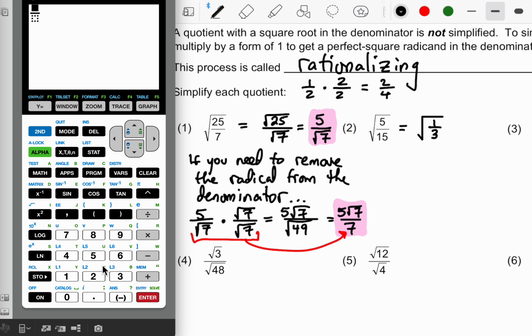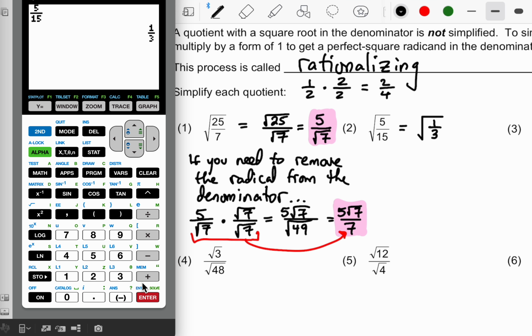If you pop in whatever fraction you have without the radical and hit enter, it'll simplify it for you and look nice in the process. I didn't do that with number 1 because 25 and 7 don't have a common factor, so there was no value in doing that.